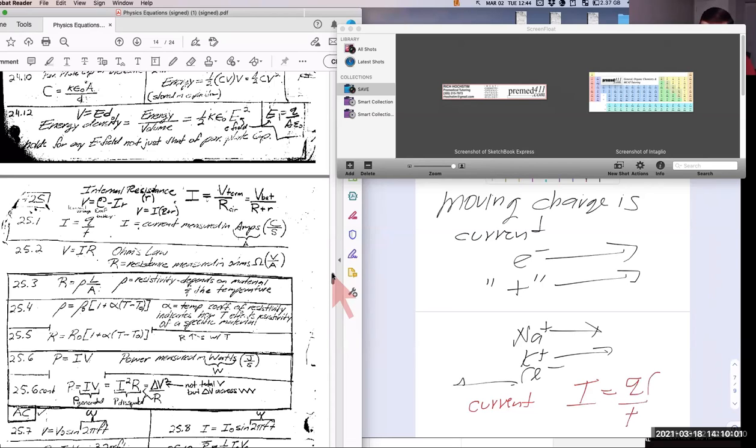Which is the coulombs over seconds. And this is called an amp. So the number of coulombs that pass a point per second is the current, given the symbol I, with the unit amp.